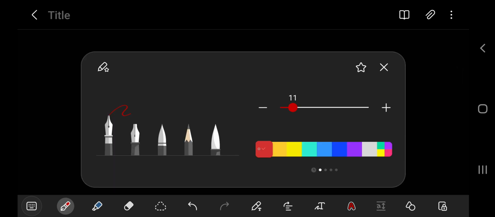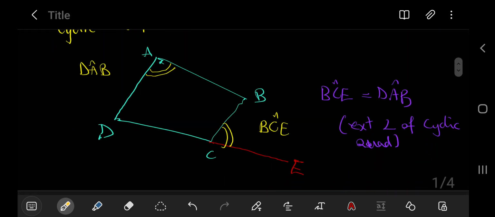All right, so let us see some of the mistakes that learners usually make when it comes to these lines which are produced. Okay, so remember, even in this one we can produce that line. If we have produced AD to F, for example, our exterior angle would be that angle, right? And that angle would be equal to the opposite interior angle.